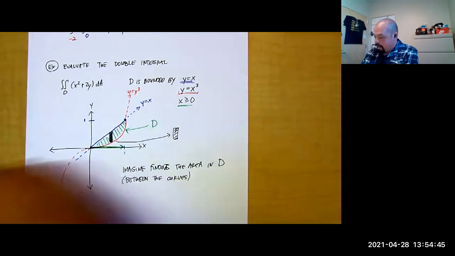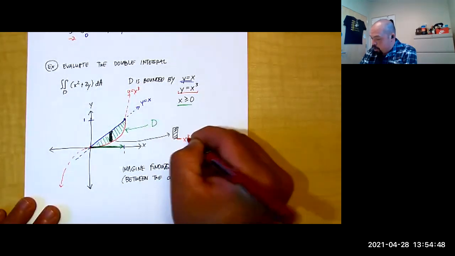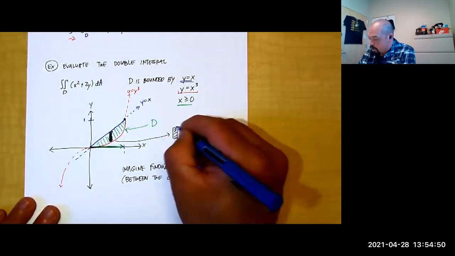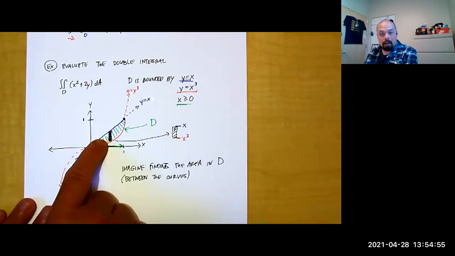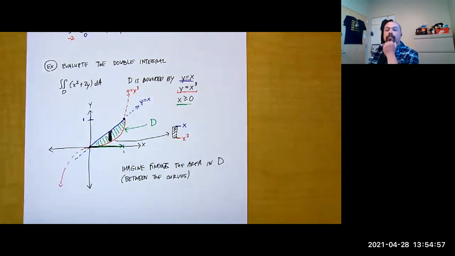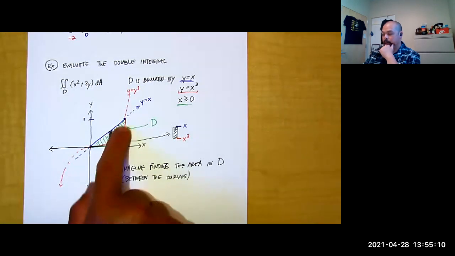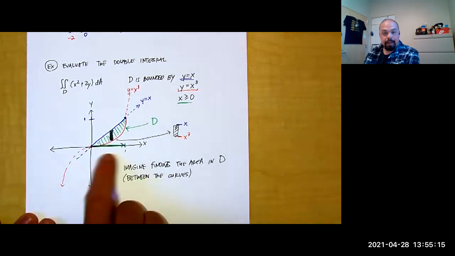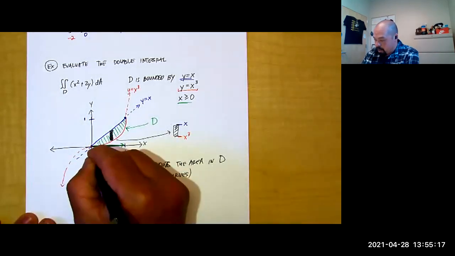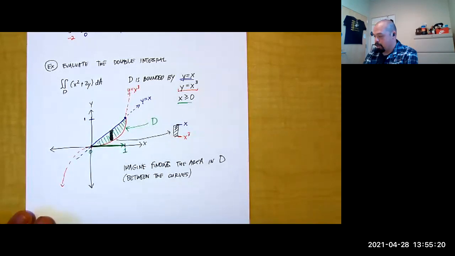The lower height is at x cubed. The upper portion is x. My upper and lower limit, that upper and lower height, is like so. And as I alluded to here, x is going in between 0 and 1.